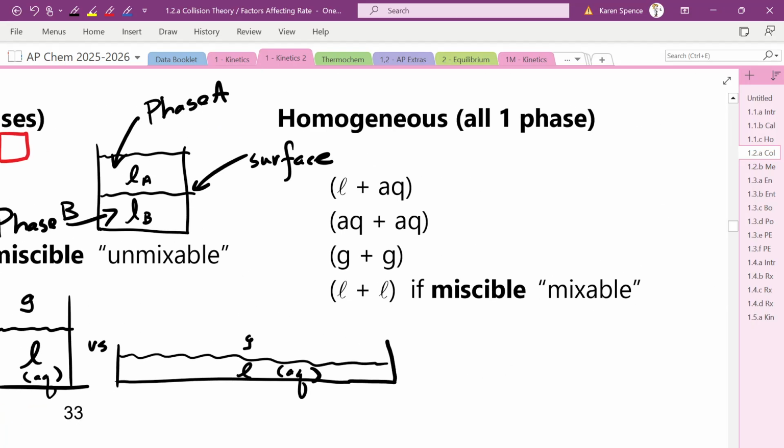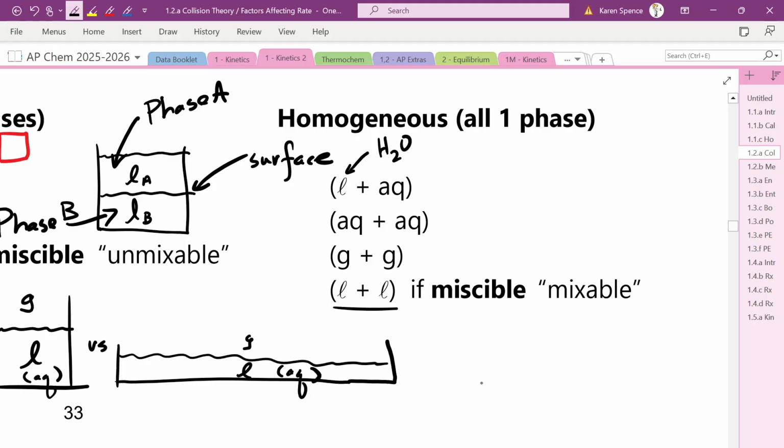Homogeneous: if your liquid is water, can you separate that from your aqueous ions? Are they separate or are they all mixed together homogeneously? They're all mixed homogeneously. Aqueous and aqueous, all mixed homogeneously. Gas and gas, no surface.